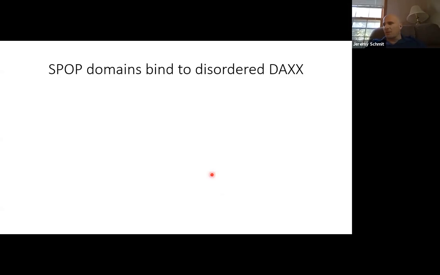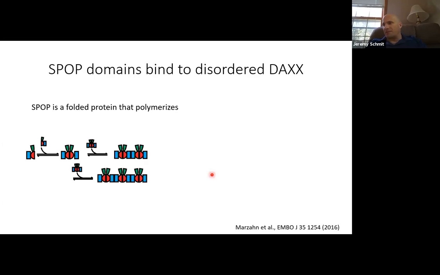So the first system I want to talk about is condensates formed by SPOP and DAX. And of course, as a physicist, I'm going to start off with the physical properties of SPOP. SPOP is a globular protein. It has 3 domains.